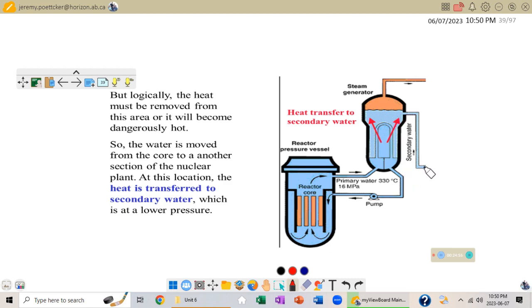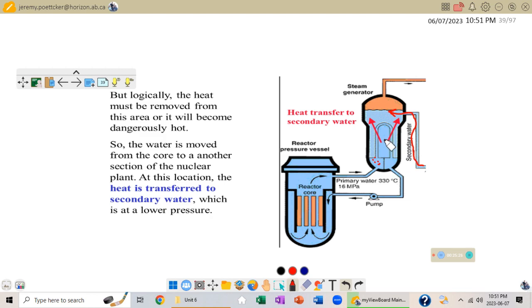This, by the way, this secondary water here coming in, it is regular water. It is never actually exposed to anything directly that's in here. So this heavy water that we've got down here goes through this loop. It heats up the secondary water, but it heats it up not by mixing with it, but by just going through basically metal loops inside of it.